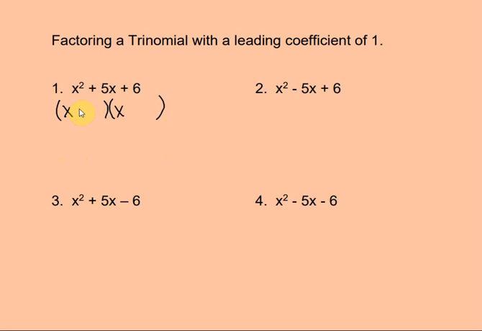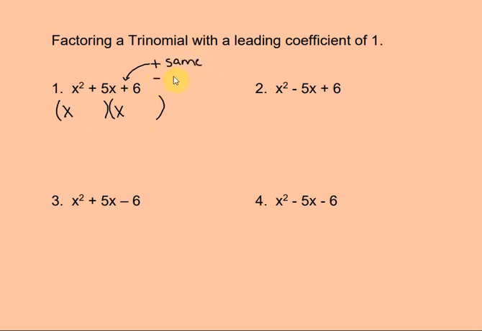Now let's determine what signs need to go in our binomials. For that, we always look at the second sign in our trinomial first. This sign is going to tell me whether the signs in my binomials are the same or different. If this is a plus sign, then the signs in my binomials are going to be the same.